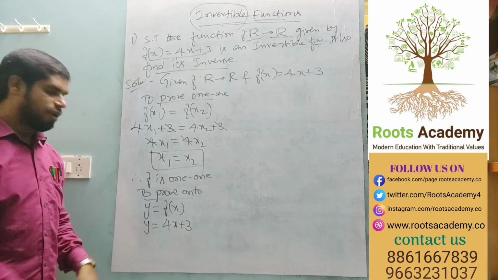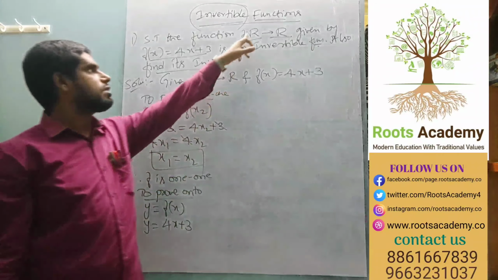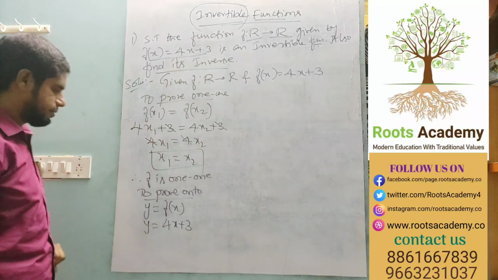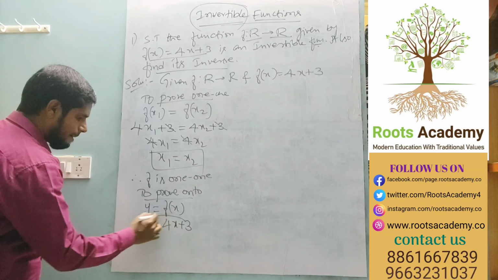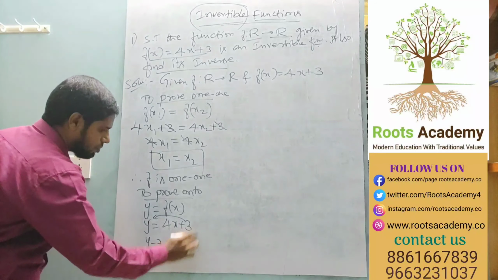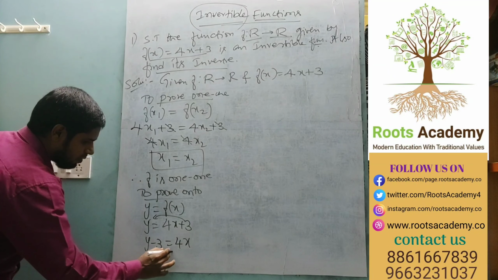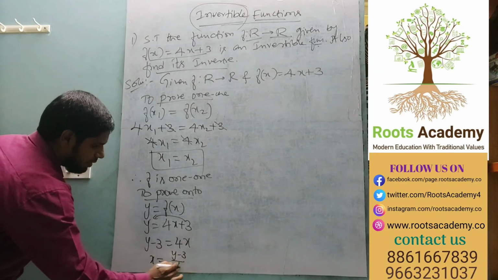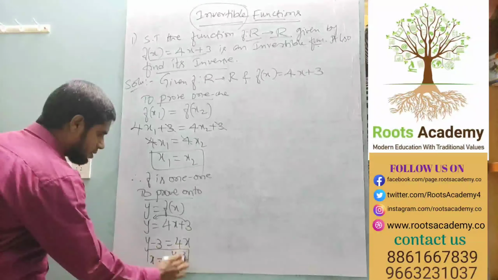Then finally, for every value of y, the value of x must belong to the domain, real numbers. For that, I will shift 3 to this side. So it becomes y minus 3 is equal to 4x. Then finally, x is equal to y minus 3 divided by 4. Student, this is the value of x.